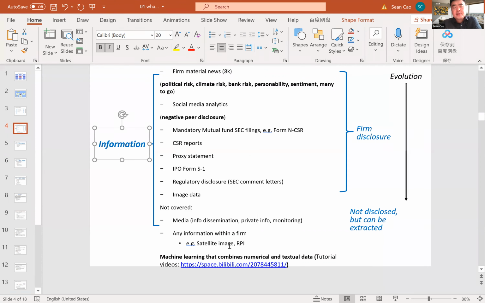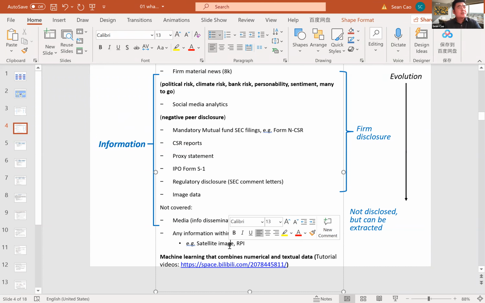So what's the data about? For example, if you want to tell whether Walmart is doing well, a satellite can monitor the Walmart parking lot, so you can track the Walmart parking traffic and use that information to predict future Walmart sales.